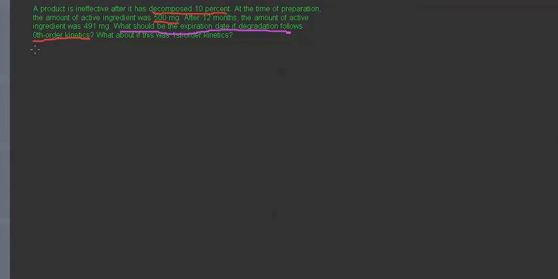We know the equation for first order reactions is ln CT is equal to ln CO minus KT. And from the past problem, we know that CT, we're going to start with 491 milligrams. CO, the starting amount, is 500 milligrams.